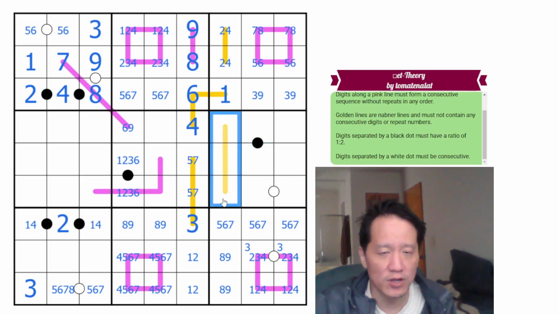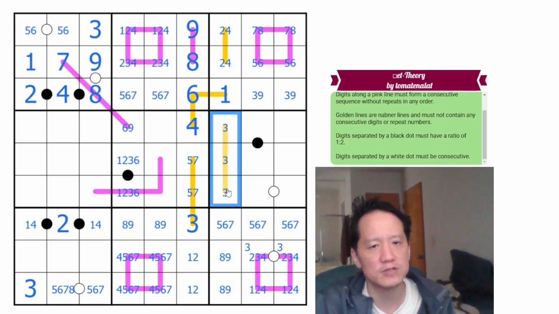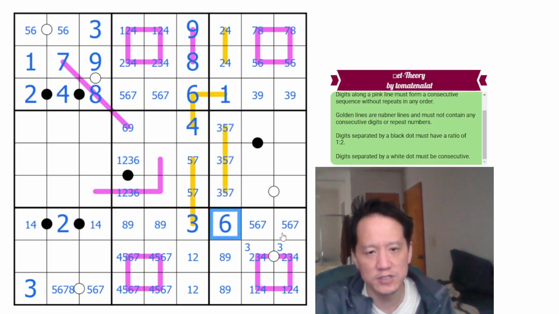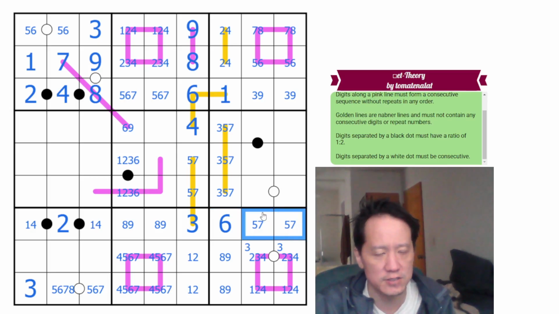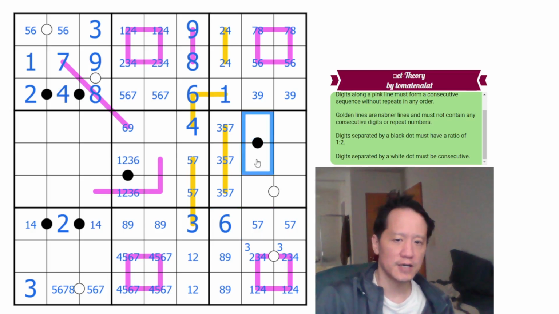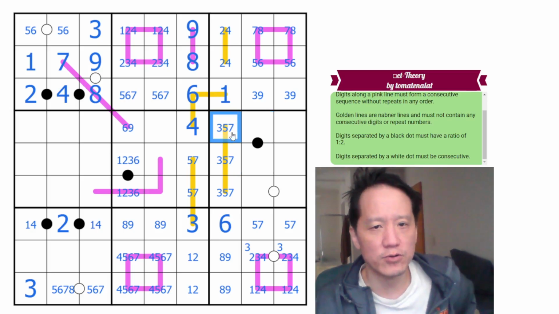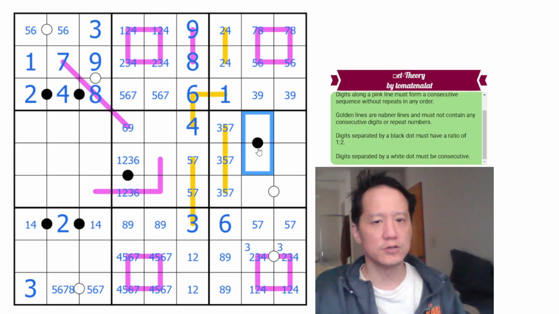What's this Abner line? It has to be 3, and what's the last digit? It cannot be 6 because 5 and 7 are both consecutive with it, so it must be 3, 5, 7, which forces this to be 6, which means this can't be 6. This cannot have a 3, 6 pair because we already have a 3 in the box, so it's either 1, 2, 2, 4, or 4, 8.